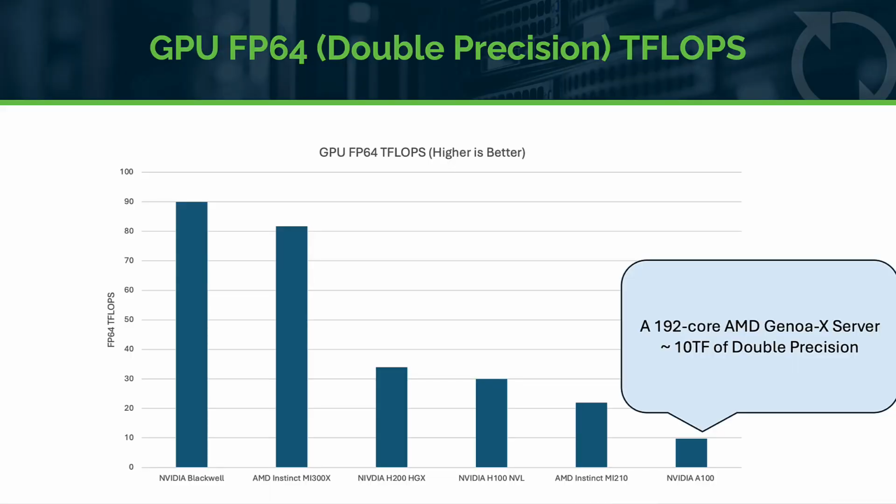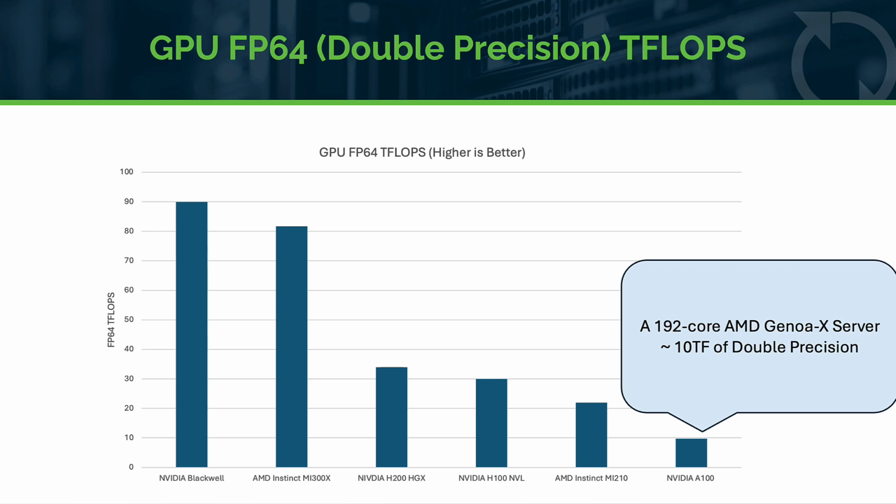And the amount of power in a GPU today has been growing by leaps and bounds. On this diagram here, an NVIDIA A100, which is end of life and can't really be bought anymore but exists on the cloud, has the same double precision teraflops as a highest-end AMD Genoa-X server.